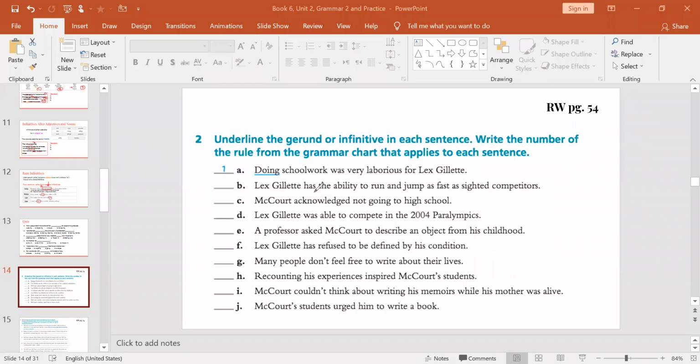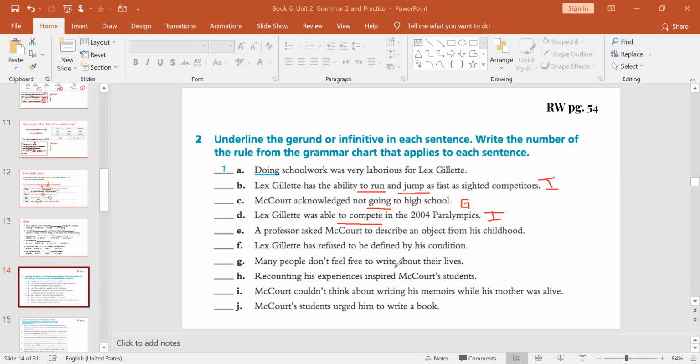So B, the gerund or infinitive is this, run and jump. And this is the infinitive. So I'll just put I here for infinitive. Okay. The next sentence, going is the gerund. The following sentence, to compete, is what, the infinitive.